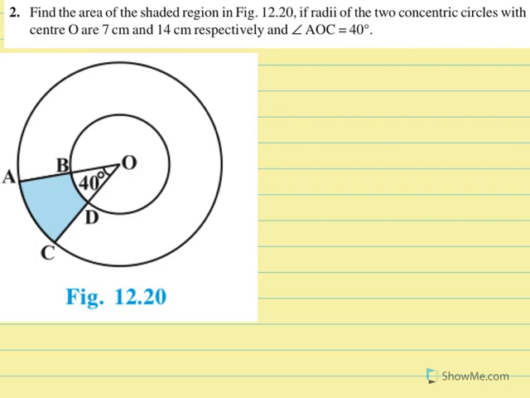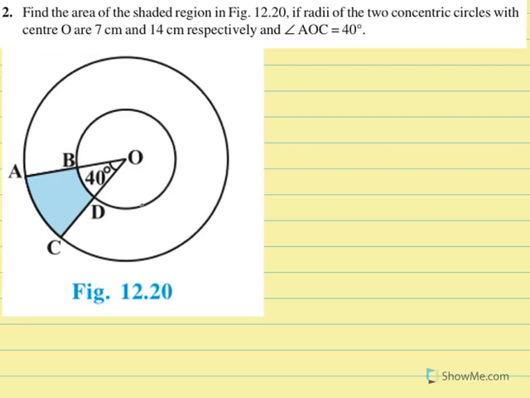Find the area of the shaded region in the figure if the radii of the two concentric circles with center O are 7 centimeters and 14 centimeters respectively, and angle AOC equal to 40 degrees. So in the sum, for the first step, we will find the area of the sector AOC, this entire sector.